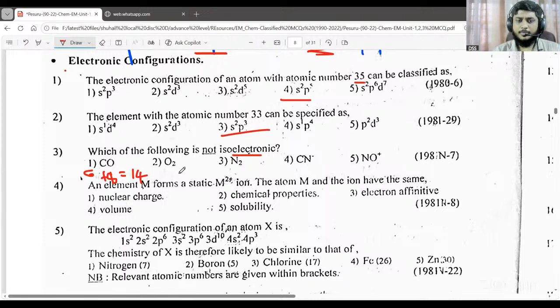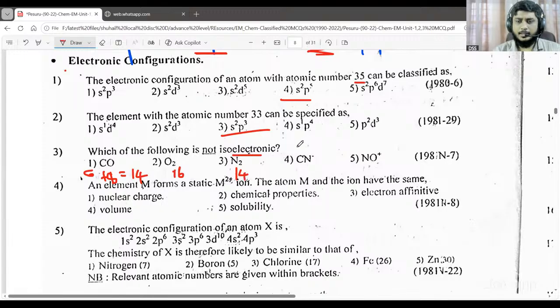O2, O2 means oxygen, you got 8 into 2, 16. N2, you got 7 into 2, 14.